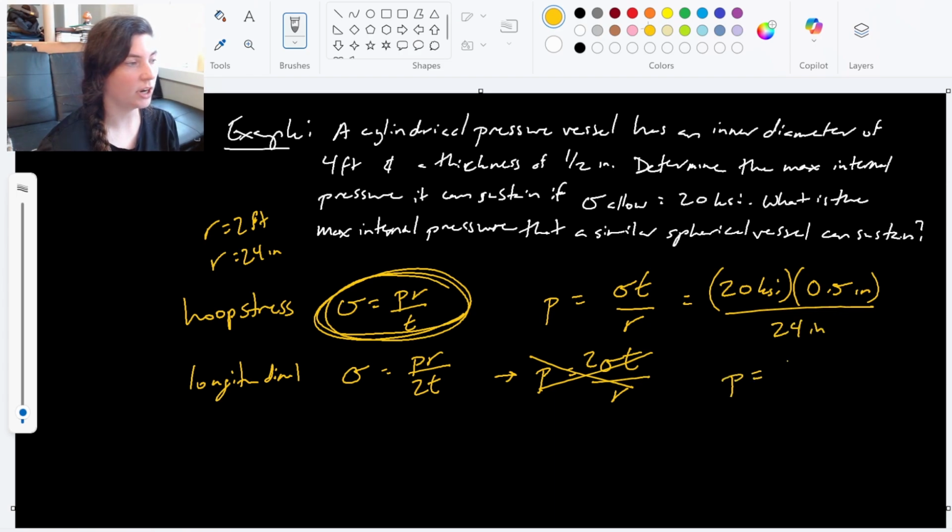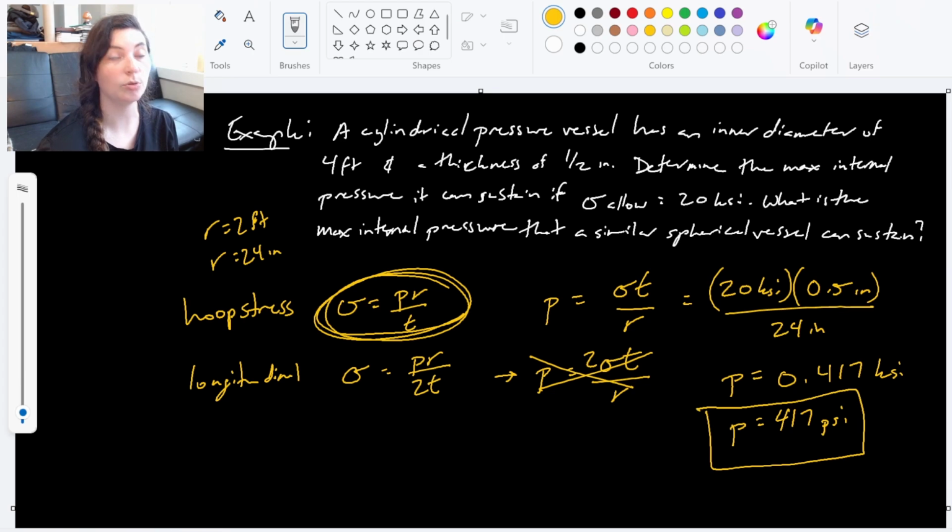And I get a pressure, when I plug that into a calculator, of 0.417 ksi, or I'll go ahead and convert that, 417 psi. That's the maximum pressure that it can handle in this cylindrical vessel.